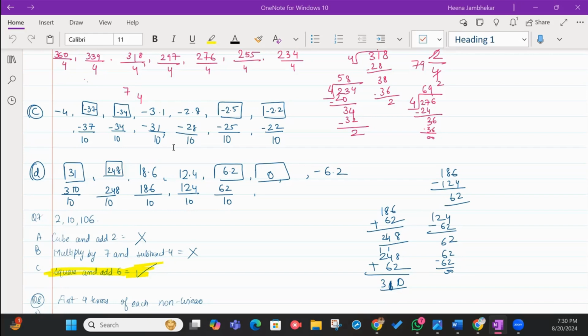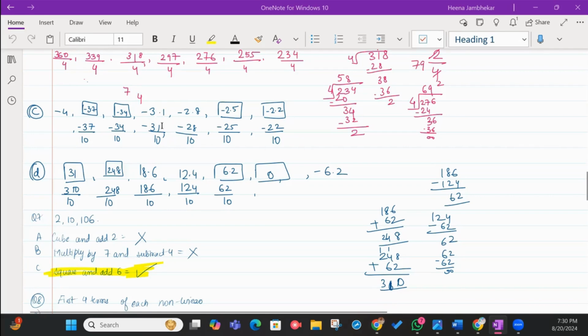Now, just in case you're unable to understand, you can even do it like this. This is -3.1. -3.1 can be written as -31 upon 10. -2.8 can be written as -28 upon 10. So what's the difference here? Should it be -3 or +3? Think about it.